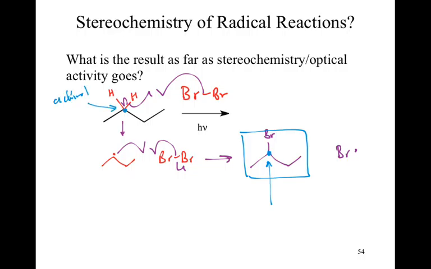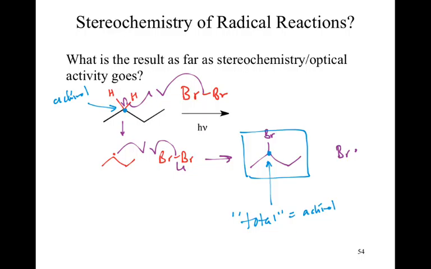So that means somehow or another, when I look at the products, whatever those products must be, the total products, it's important to remember total, must be achiral as well. So what's going on here? How did we lose chirality in that product even though it's achiral?